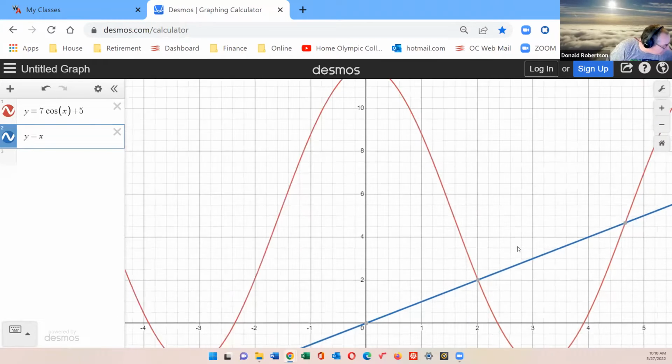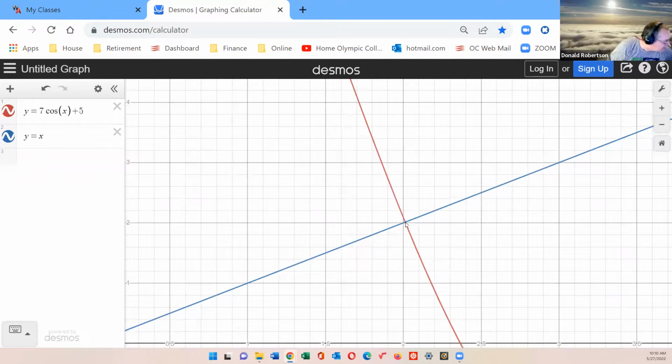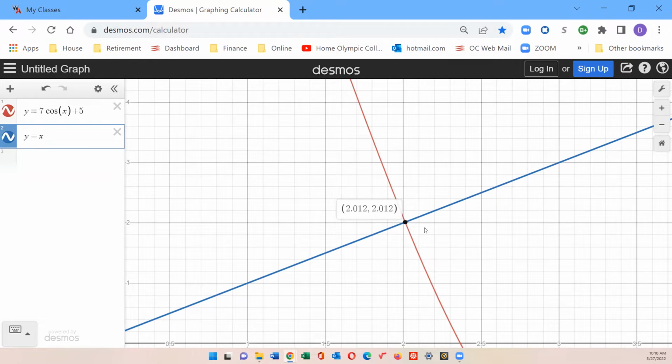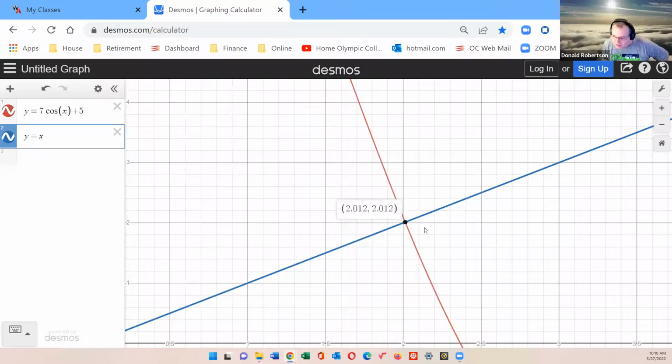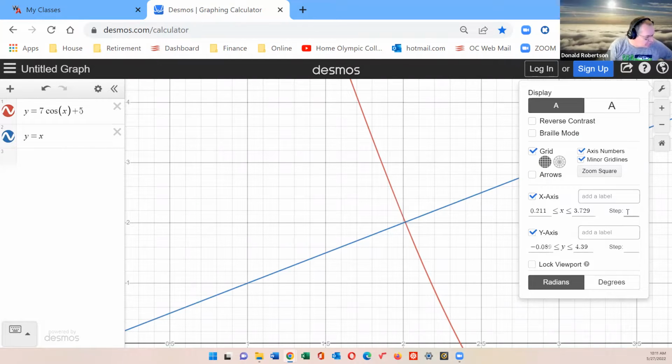Someone told me that if you zoom in on this one and click on it, you can get more accuracy. No, it didn't work. I've realized that only works with certain values. It doesn't work every single time. It seems like if the value is like 1, 2, and then some change, but the change is too small, it doesn't show you what it is.